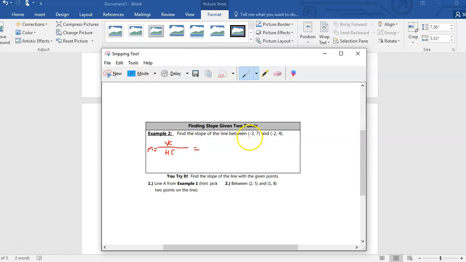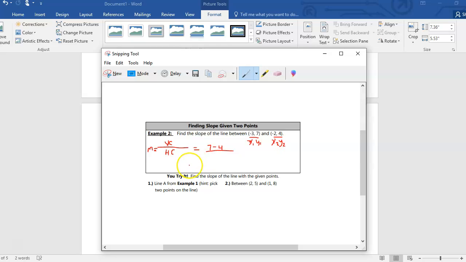If I look and they tell me my 2 points are (-3, 7) and (-2, 4), I know here's my y1 and my y2. Okay, so in the numerator, I have 7 minus 4, and then my x1 is going to be -3, and my x2 is going to be -2.